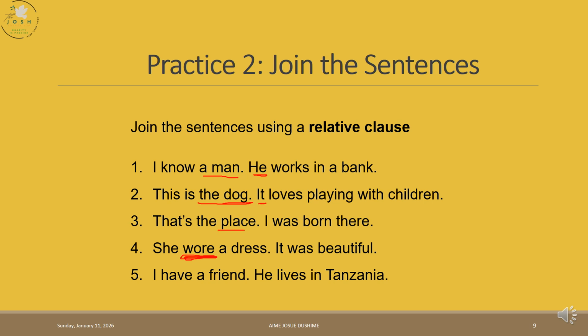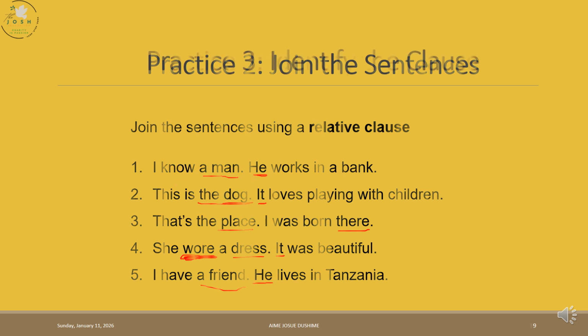We have here the place, and we have there. We have a dress, and here we have it. Here we have a friend, and we have he. Remember, don't bring in these second words in the second sentence. Don't bring in those words. For example, when you go on this first one, you say, I know a man who works in a bank. Don't bring in he again.